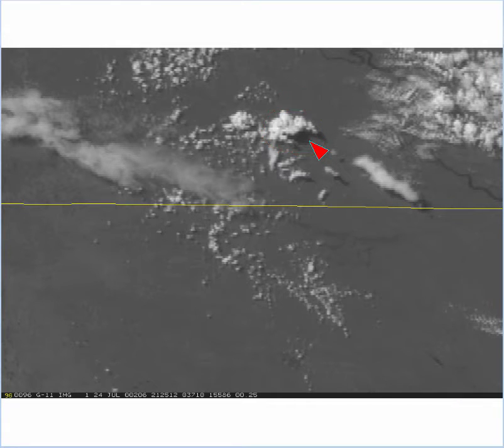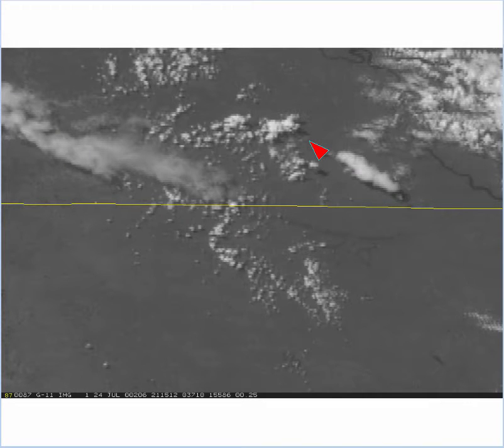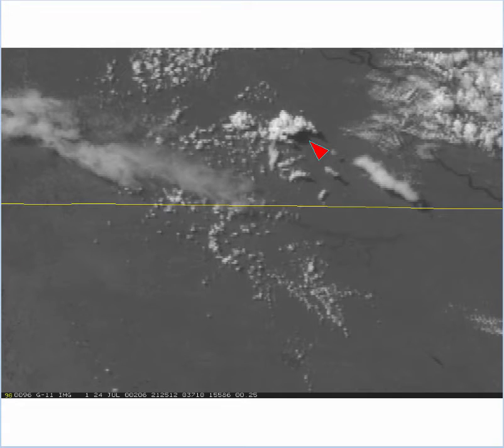So if we go back, we don't see it right here at 2115. Next available image at 2125 does indicate the anvil cirrus shadow, which would indicate at this time, 2125, that we would have convective initiation. Let's compare that to the 1 minute imagery next.